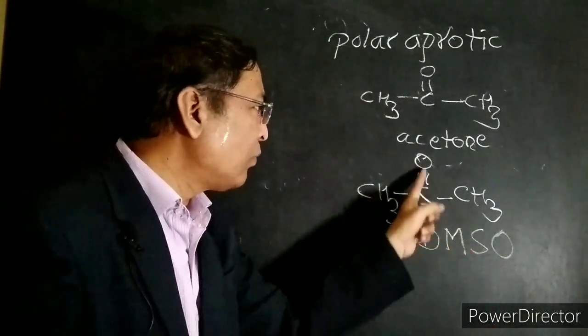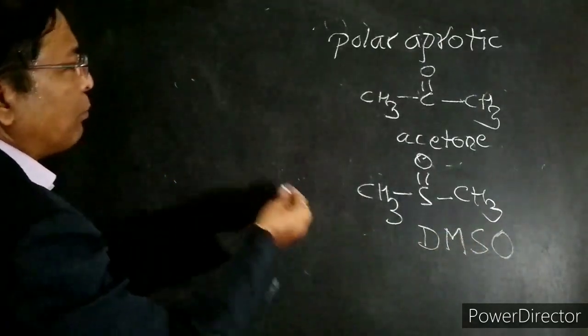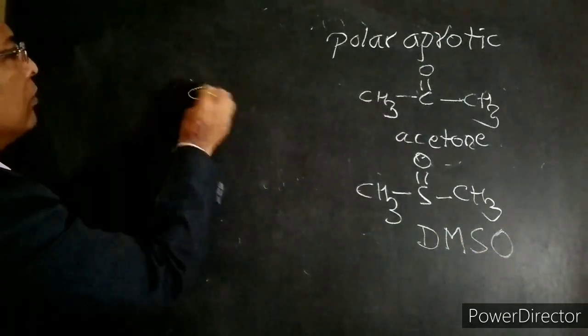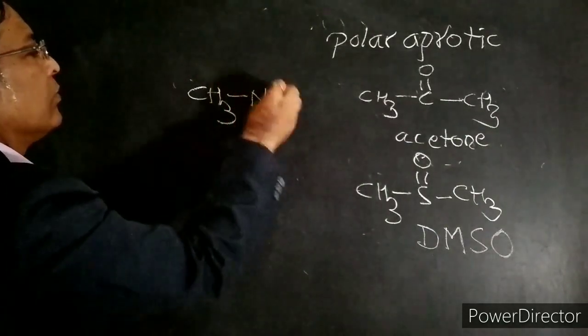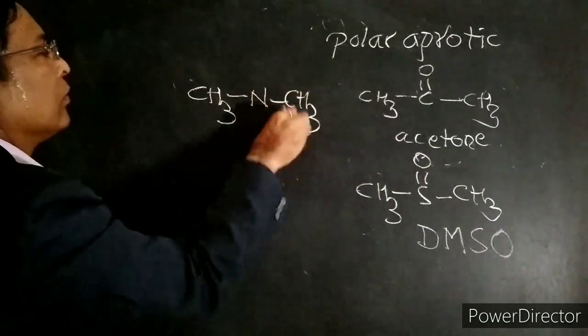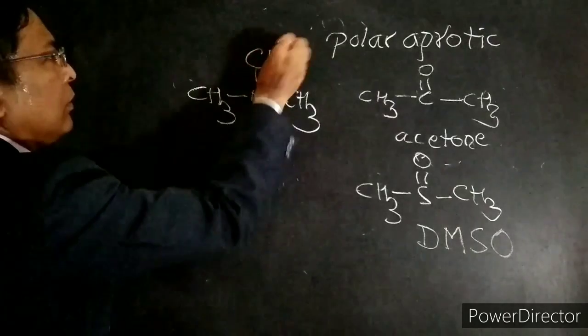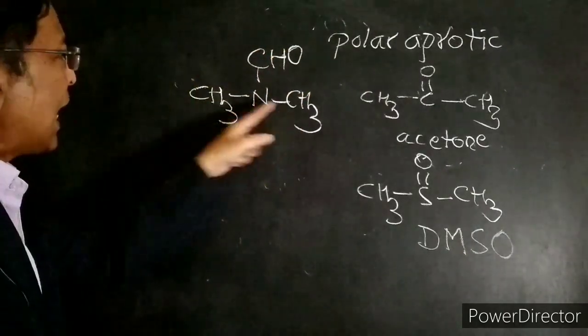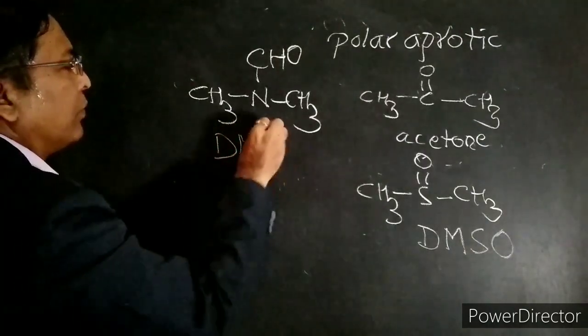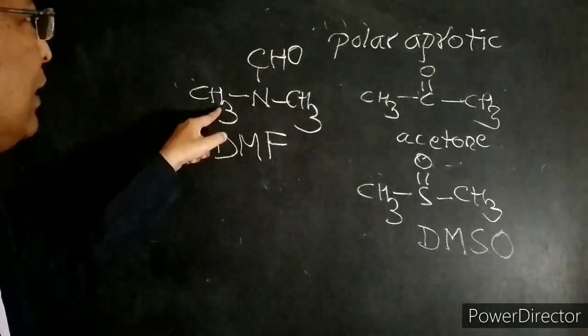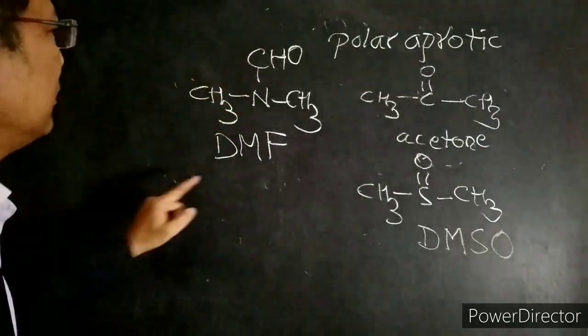Dimethyl sulfoxide. Another example of a polar aprotic solvent is, this is the aldehyde group, this is dimethyl formamide, DMF.